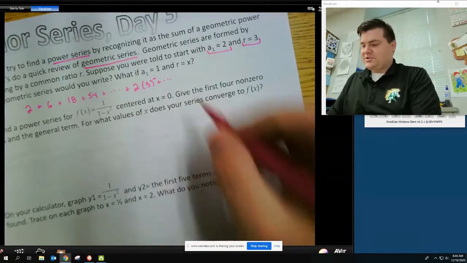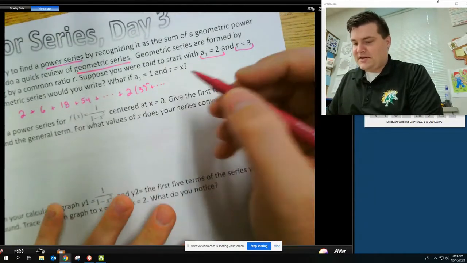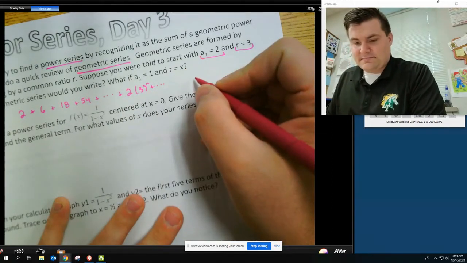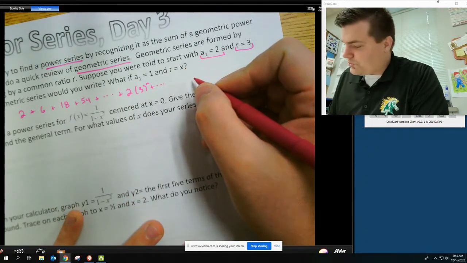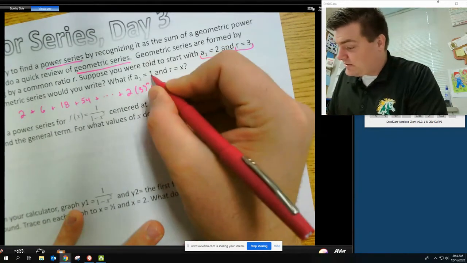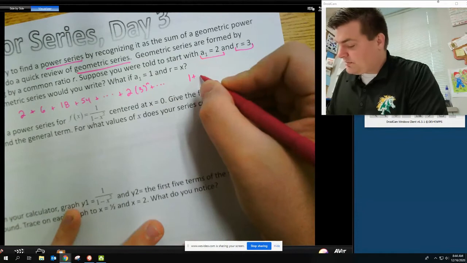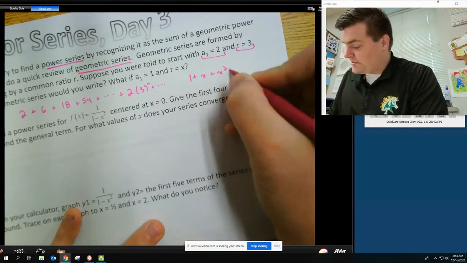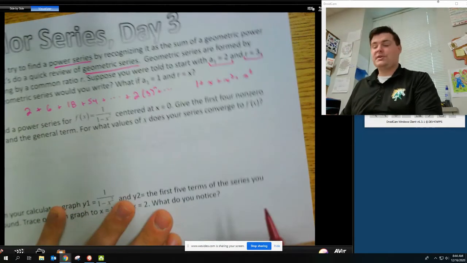Since this is our geometric series, what's really nice is this is the same thing as, if a is 1, so we're starting with 1 plus x multiplied by x squared plus x to the third. That's super nice, right?